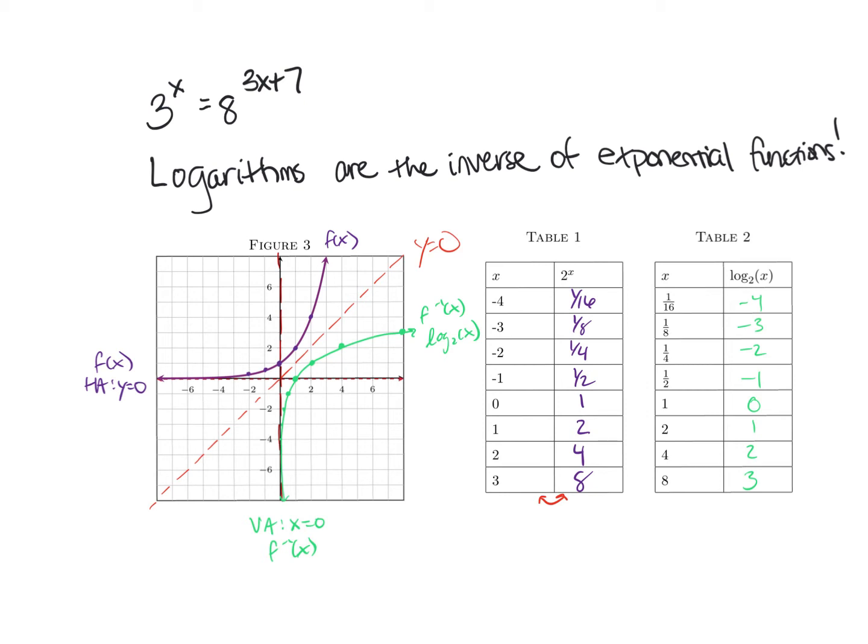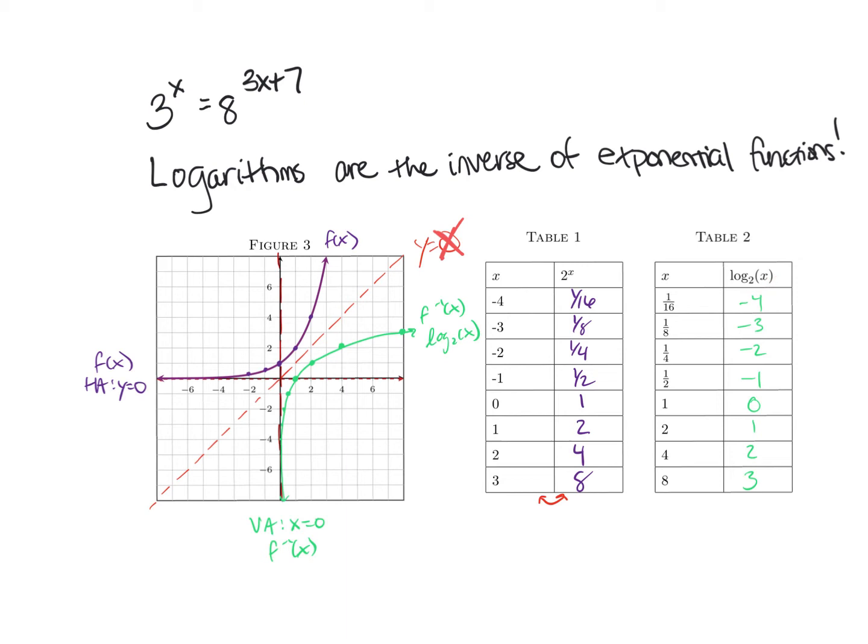Now, when we are graphing inverses, we can either look at the table and switch our x and our y, or we can, I see there's a mistake there. We can reflect over the line y is equal to x. This should say x. I'm going to fix that. There we go. We can reflect over the line y is equal to x. And once we've done that, we end up with this green graph, or this green table with log base 2 of x.